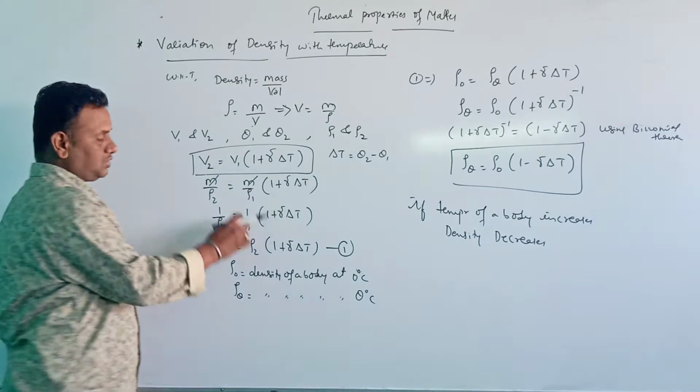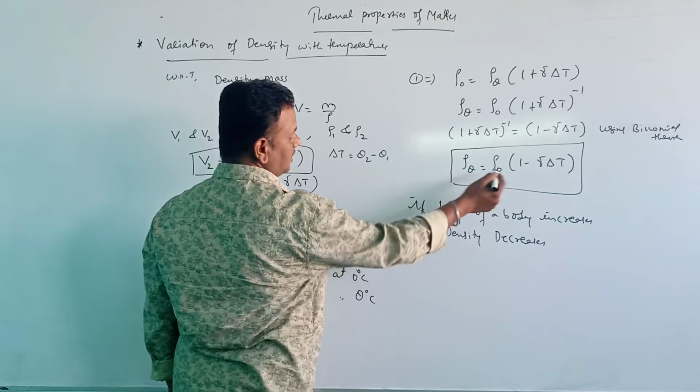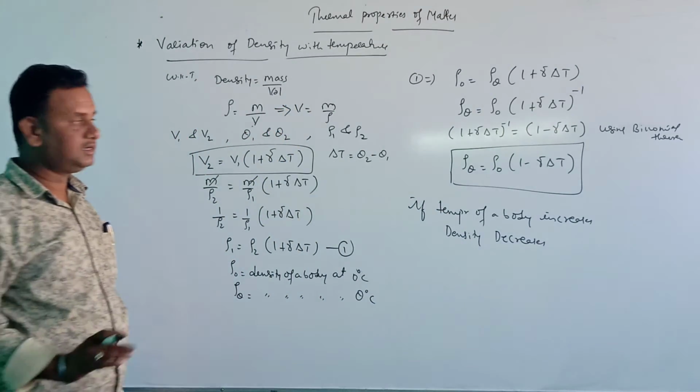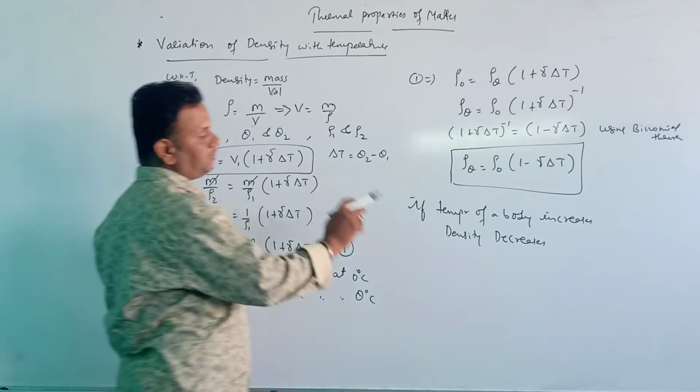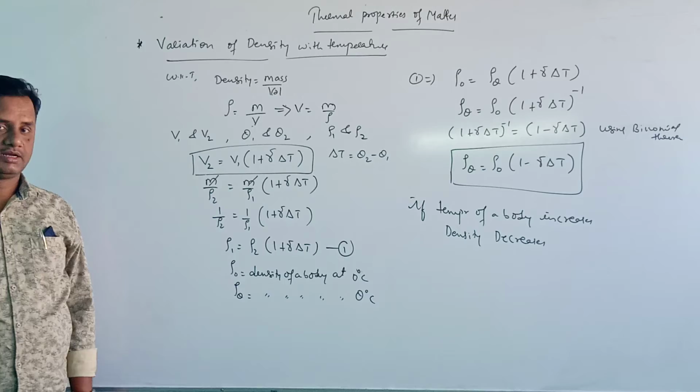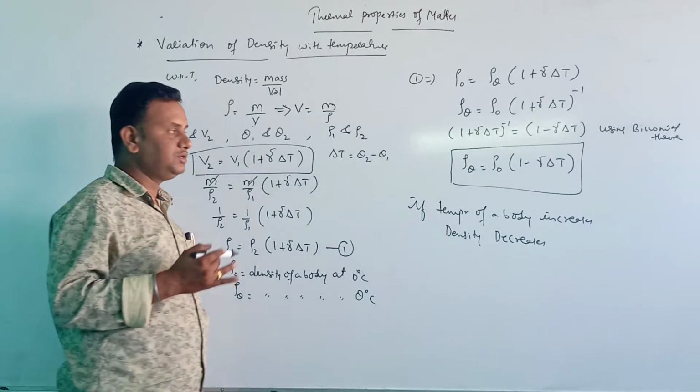After solving, we get rho theta is equal to rho naught into 1 minus gamma delta T, which says that as the temperature of a body increases, density decreases. Both are inversely proportional to each other.